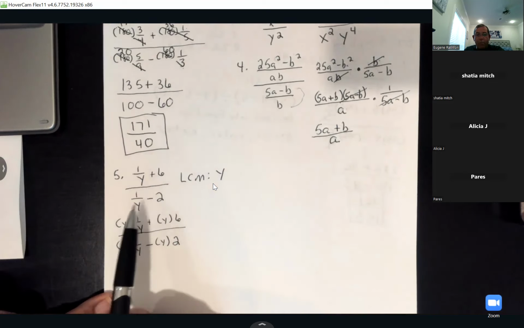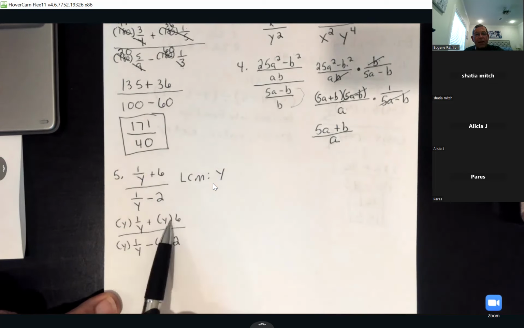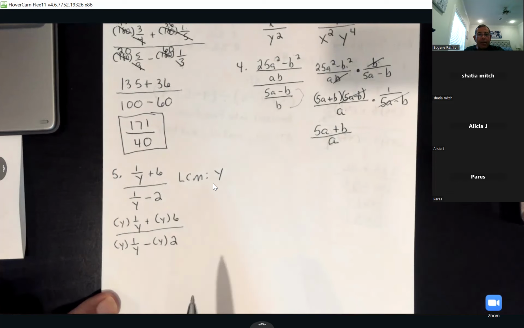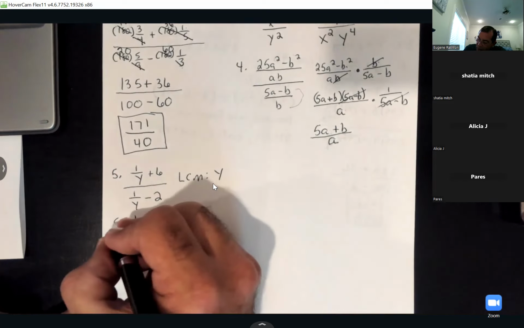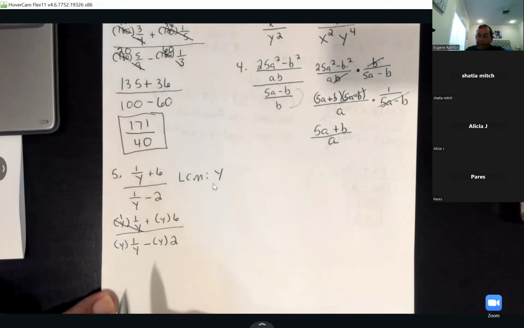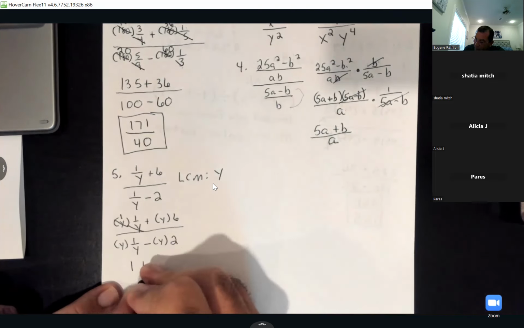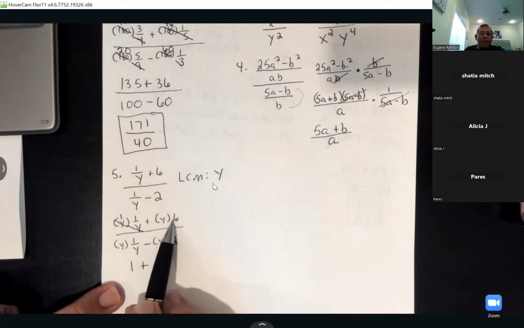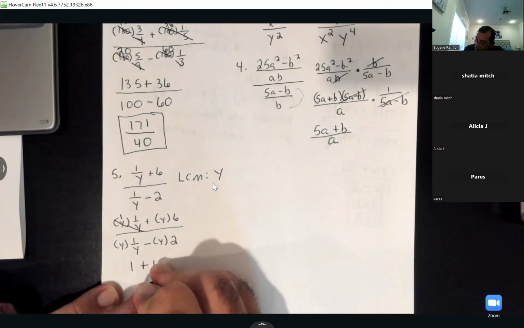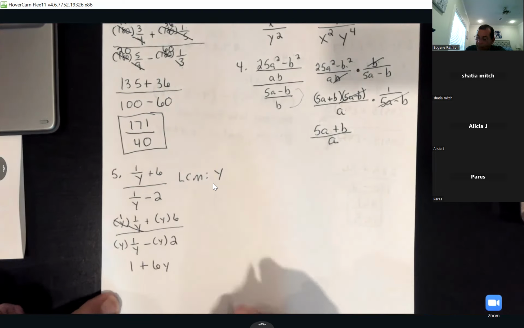Remember, all 4 parts have to be multiplied by the y. But y'all look what happens. These y's cancel, making that a 1. And 1 times 1 gives me a 1. Right here, you don't have a fraction, so you're going to multiply y times 6, which will give us 6y.